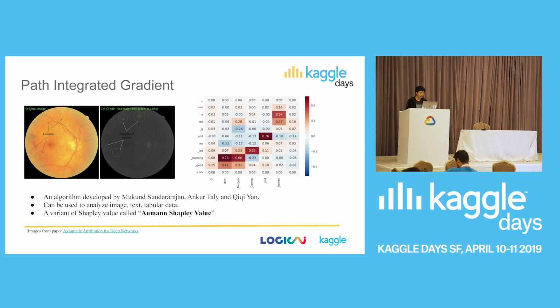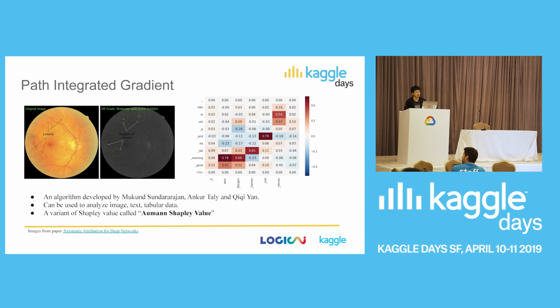The right-hand side is actually a sequence-to-sequence model. So you can use it to analyze very complicated machine learning models. And what is less known is that this algorithm also has a very good theoretical guarantee. It's a variant of the Shapley value called Aumann-Shapley, which extends the finite game to an infinite game.